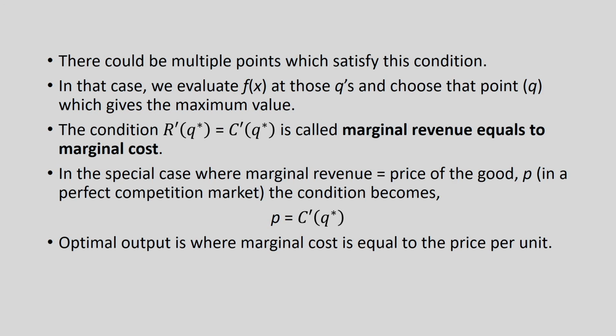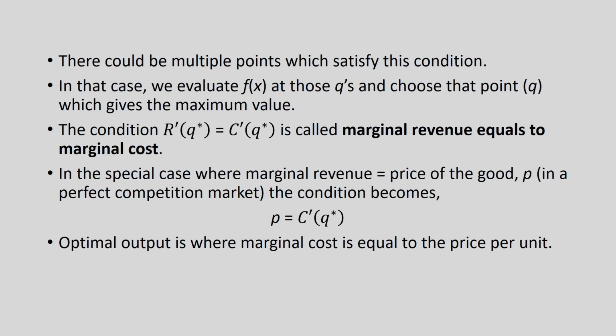Now, it is possible that there could be multiple points which satisfy this condition. So, it is not necessary that you have only one Q star for which this condition is satisfied. So, if there are multiple points for which this condition is satisfied, what do we do? We evaluate pi at those Q's and choose that Q which gives the maximum value.